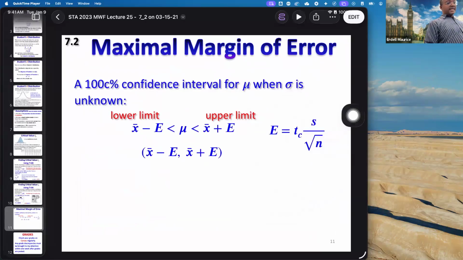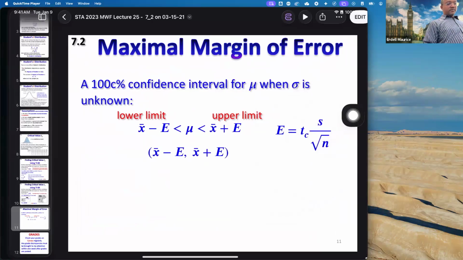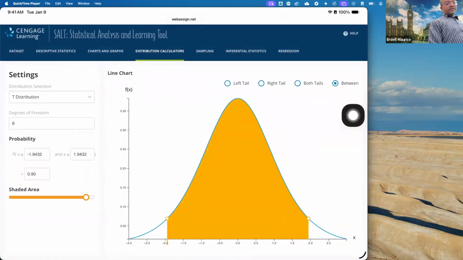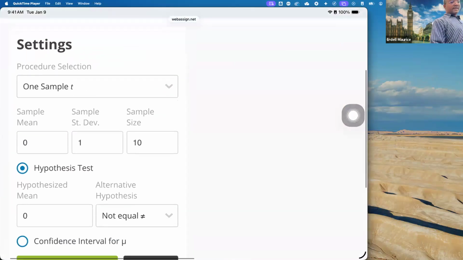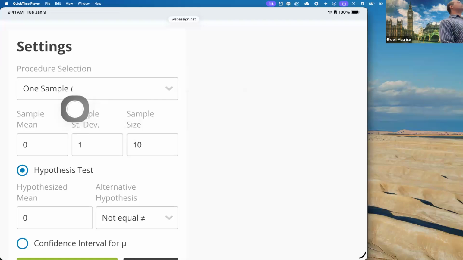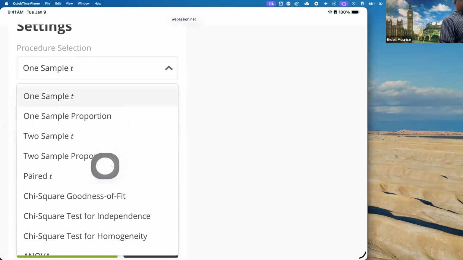Okay? And last note before I send you guys on your way, if you go over into inferential statistics, you see how it says one sample T. I don't need to go to calculator.net. It'll do it for me right here. I don't know why there is no one sample Z. It's like it's hidden.